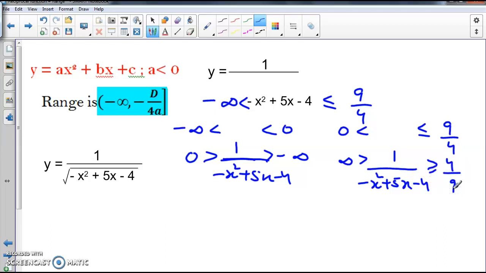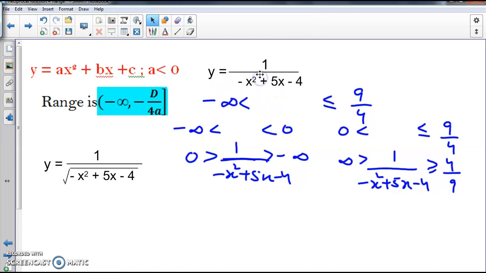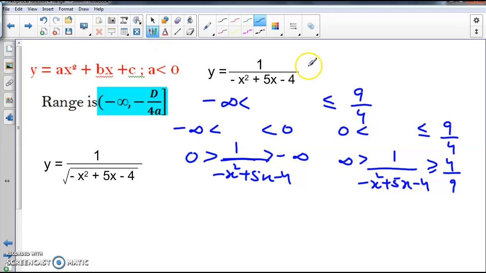So the range of our function y is equal to 1 upon minus x square plus 5x minus 4 is then minus infinity to 0, union 4 by 9 to infinity.